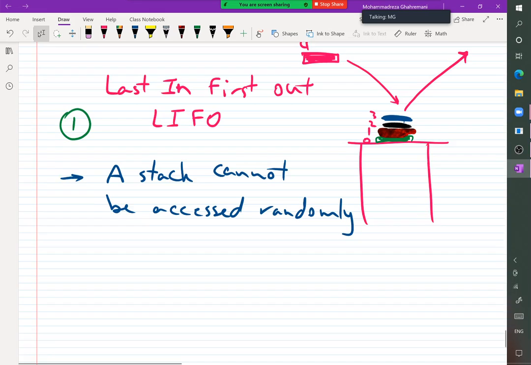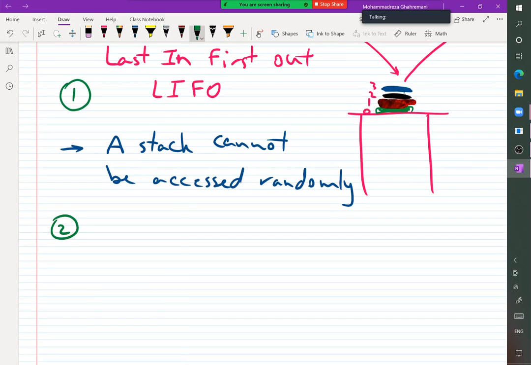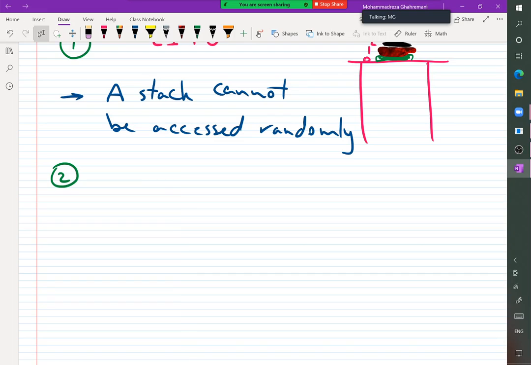For number 2, which is accumulator architecture, one operand is in the accumulator. The second operand is in memory if we need it.